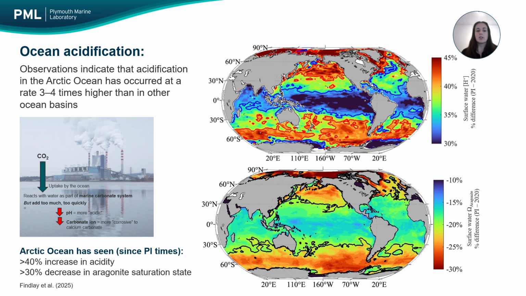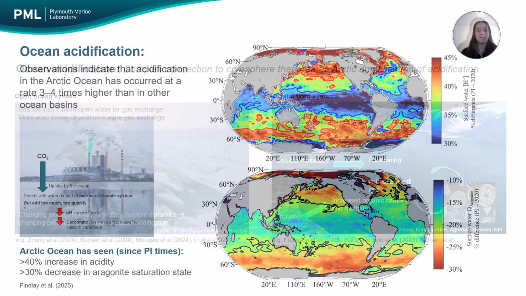In the Arctic Ocean, you can see that since pre-industrial times, there's been about a 40% increase or more in acidity and about a 30% decrease in aragonite saturation state. And the maps clearly show that the Arctic Ocean is where these rates are happening most rapidly compared to the lower and mid latitudes.